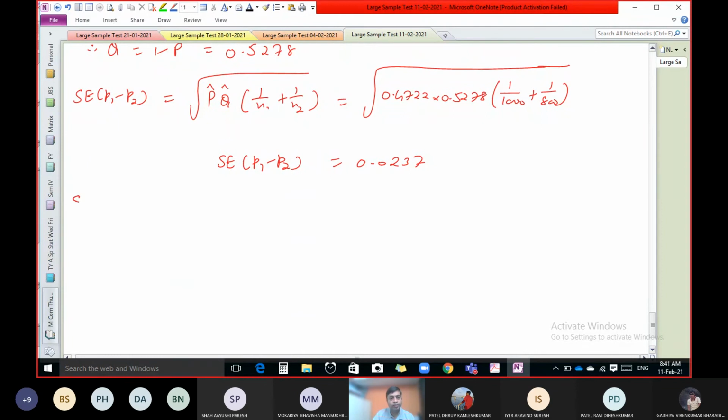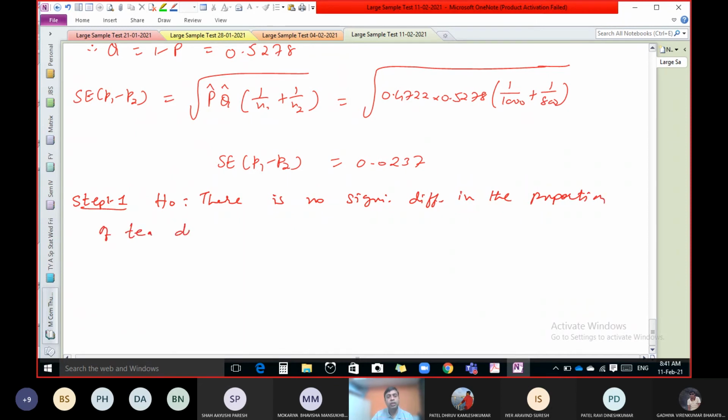Now step 1. What do we have to write in H naught? There is no significant difference in the proportion of tea drinkers in district A and B, that is, H naught: capital P1 equal to capital P2.